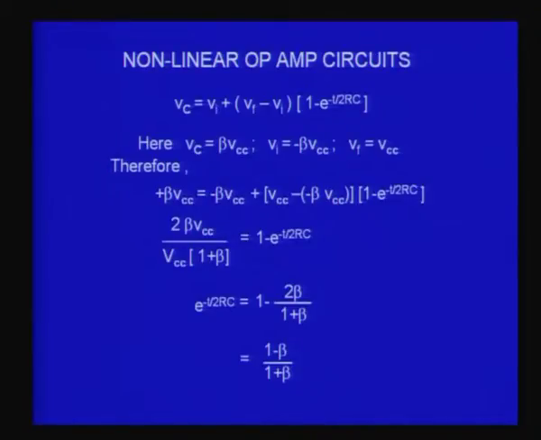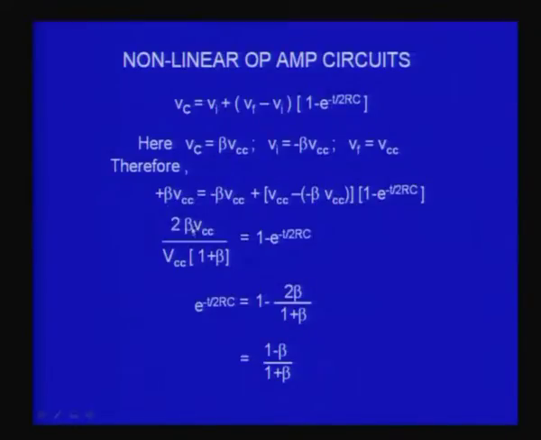So the initial voltage is minus beta Vcc, and the final voltage it wants to charge to is plus Vcc. So the 3 values are: V initial is minus beta Vcc, V final is Vcc because that is the point towards which the charging happens, and the exact voltage on the capacitor is plus beta Vcc just when it is tripping.